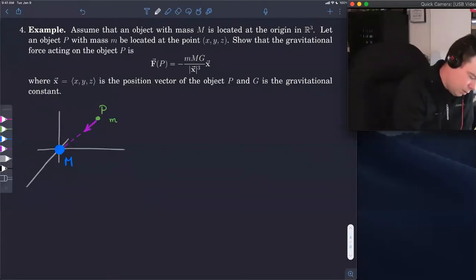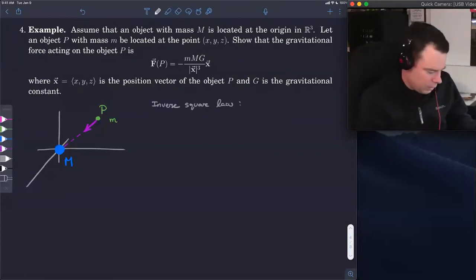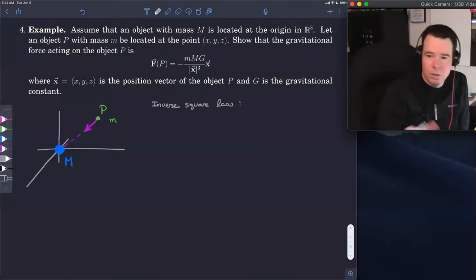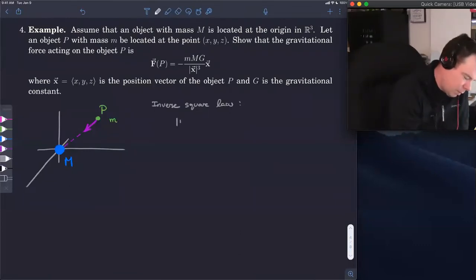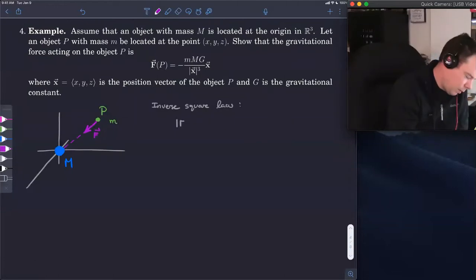So the first thing to note is from physics, we have what is known as the inverse square law. The inverse square law is telling us how the gravitational force is related to the two masses themselves and the distance between them. So the magnitude, I'll label this capital F with an arrow on top, so we're looking for that force.